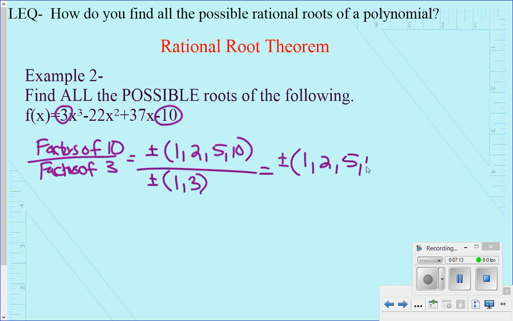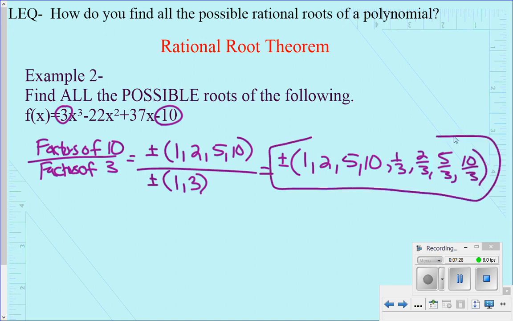All of those are divided by 1. And then all of those divided by 3 gives me 1/3, 2/3, 5/3, and 10/3. And that is my list. Okay, so that's the rational root theorem.